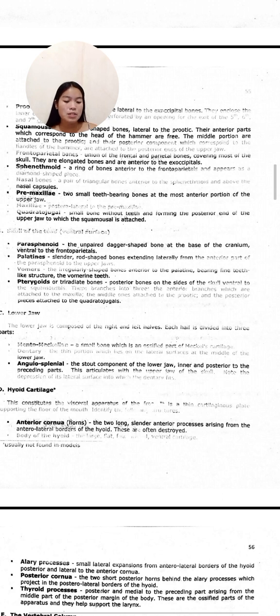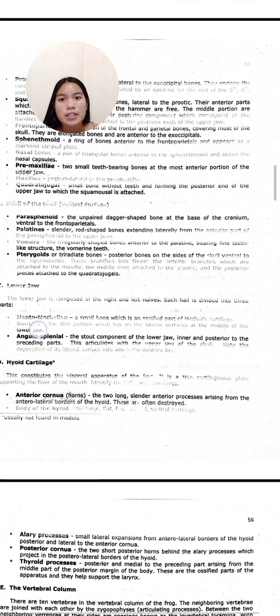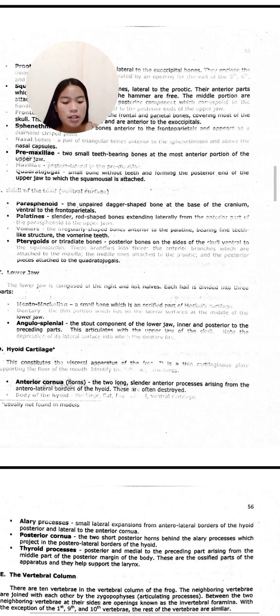It develops embryonically from the primary plate. So next is quadratojugal. The quadratojugal is a small bone without teeth, forming the posterior end of the upper jaw, to which the squamosal is attached.